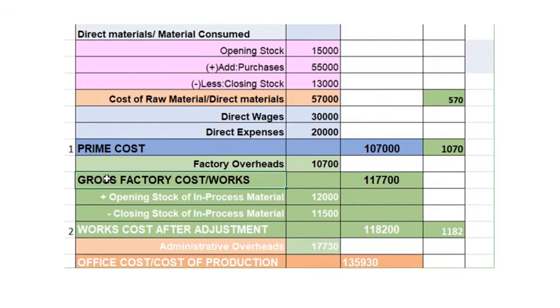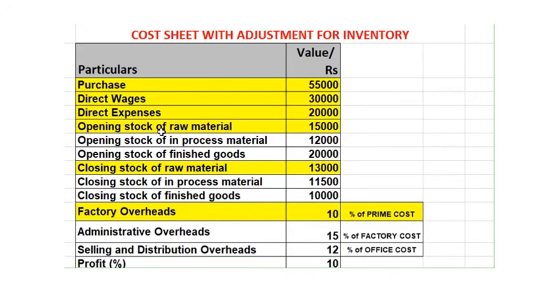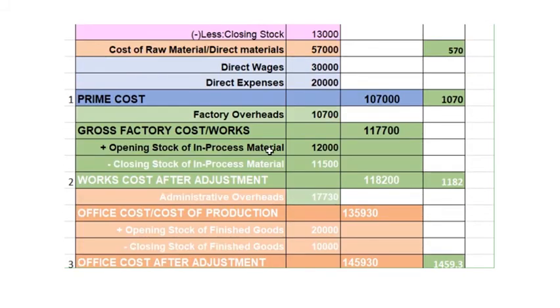Why do we call it gross? You can call it gross, or you can call it factory cost before adjustment, as we have opening stock of in process and closing stock of in process material. Now let us do the adjustments for that. How do we adjust? Plus opening stock of in process material, minus closing stock of in process material: 12,000 and 11,500.